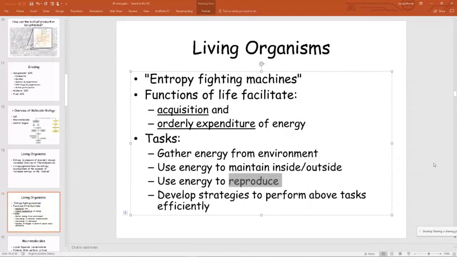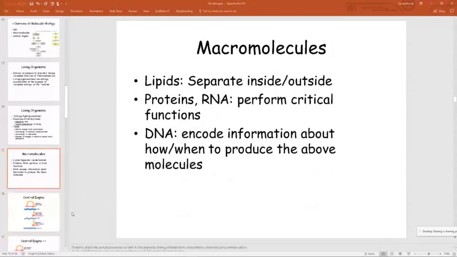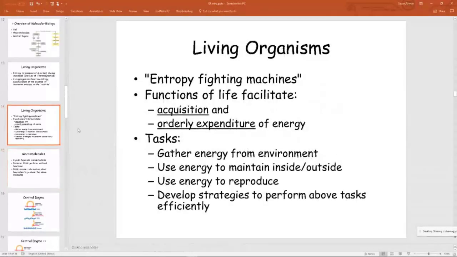And then use this energy to reproduce, produce new copies of themselves that are slightly different at each generation. And then to also develop strategies to perform all of these tasks more efficiently, because of the survival of the fittest, they end up developing different strategies to compete with others.